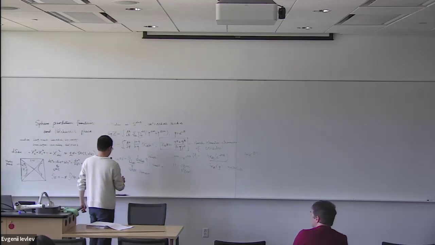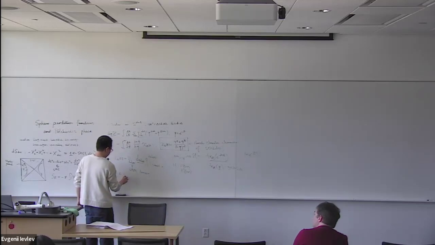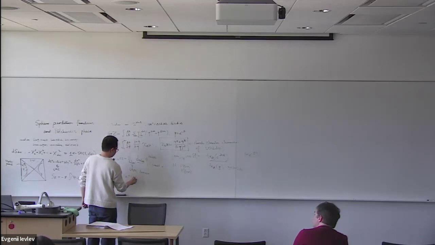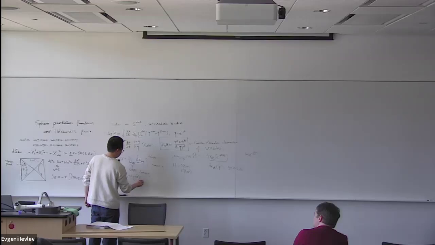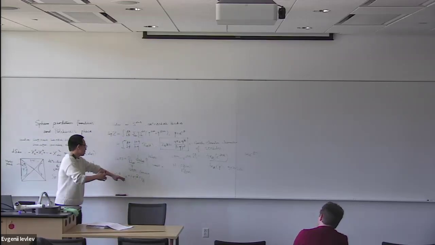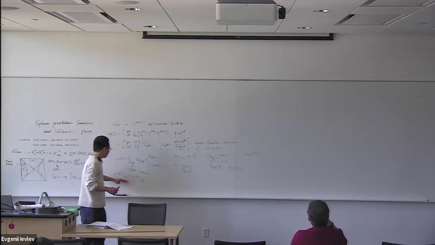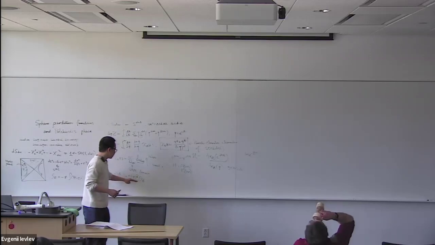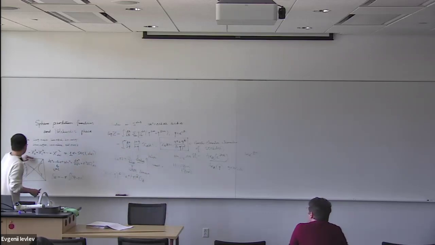If you push it to the future boundary, you get two operators. It's very similar to AdS. You push it to z equals 0, you get two primaries, and they have scaling dimensions delta and delta bar living here.